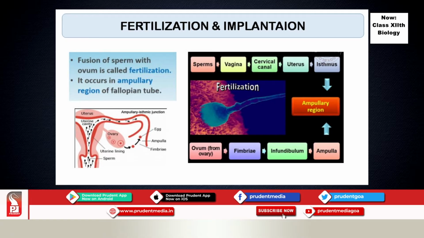And the sperm, due to insemination, is released inside the vagina. From the vagina it will move through the cervical canal, reach the uterus, get into the duct of the ovary and will reach the isthmus and the ampullary region.